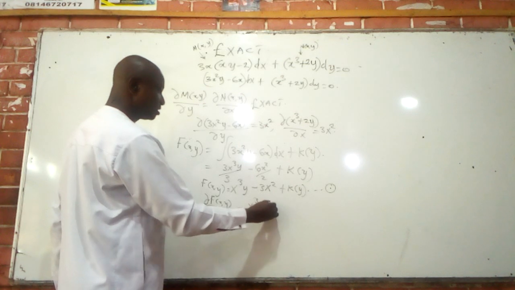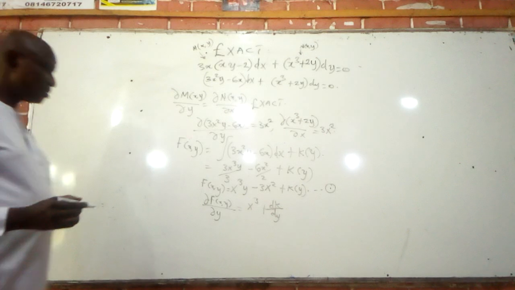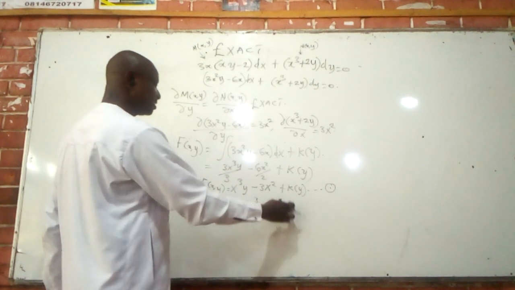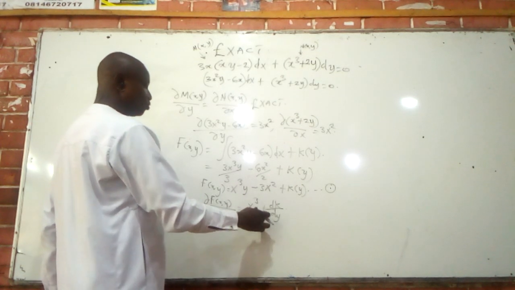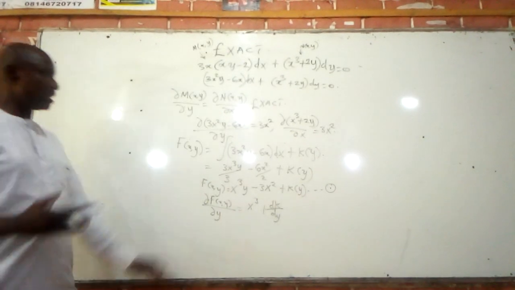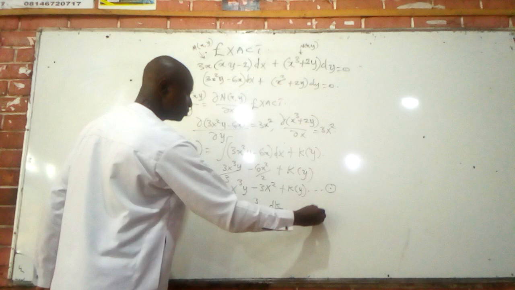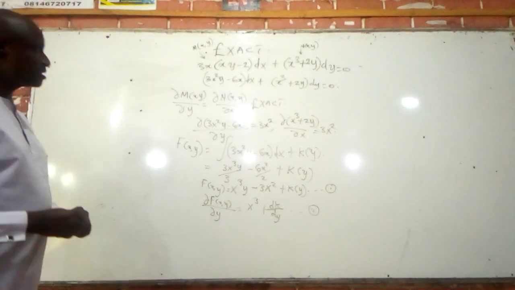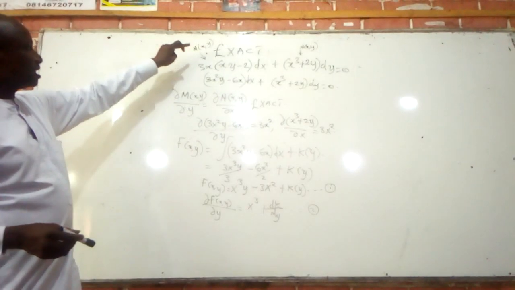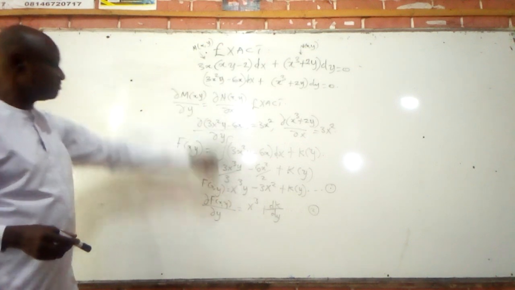Now plus dk/dy, which is also k prime. At this juncture, we have to compare this equation with the other part of the expression that we have not touched, and that is equation 2.